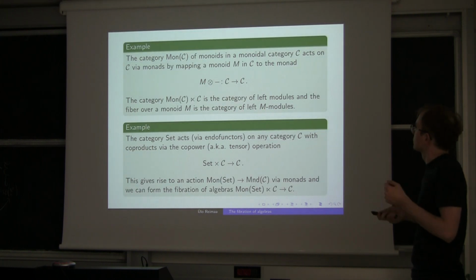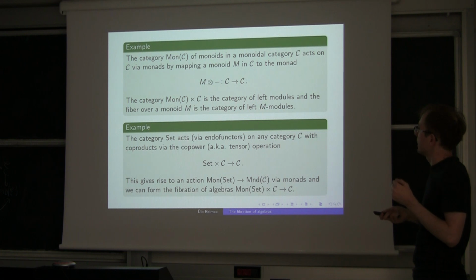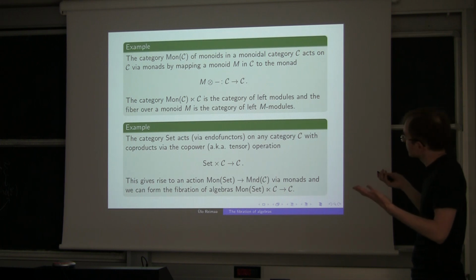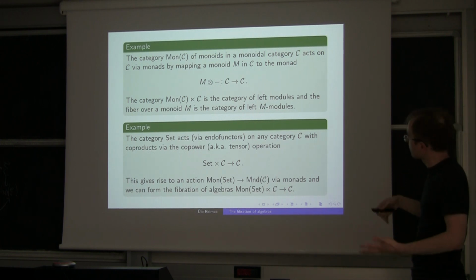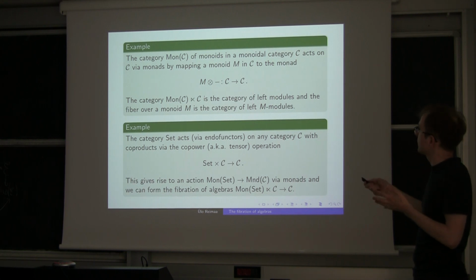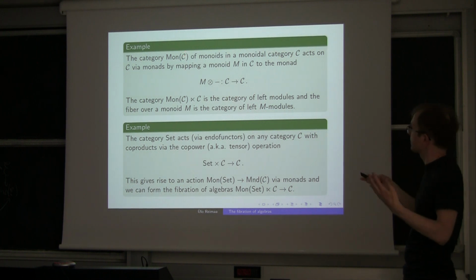a simple example of action by monads is when we have a monoidal category in which we view monoids. So, for example, a monoid in Set would be just a monoid in the usual sense.